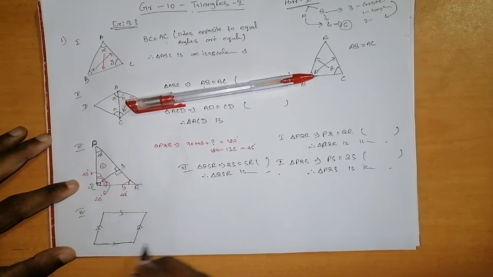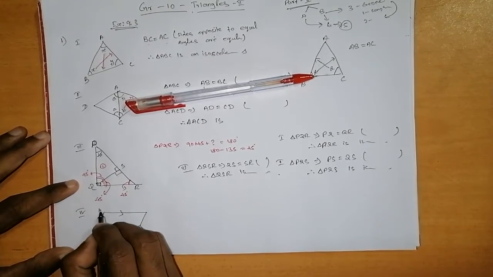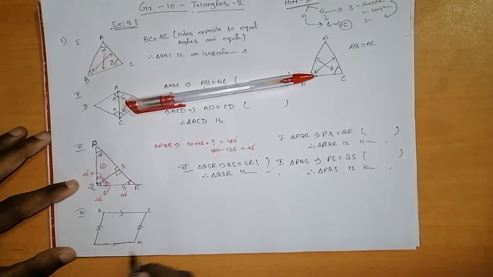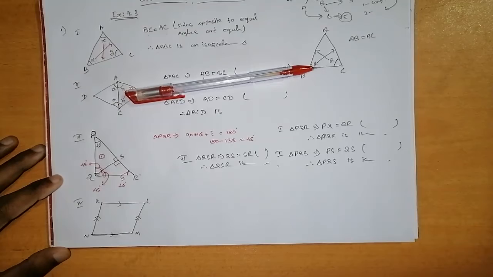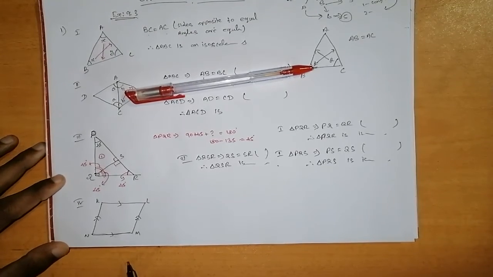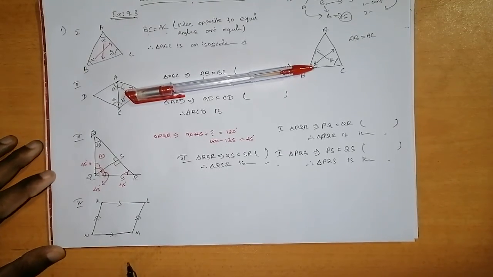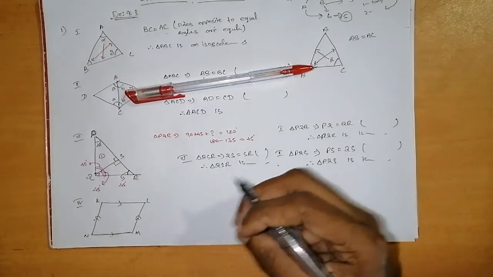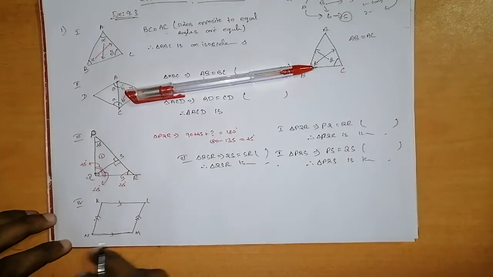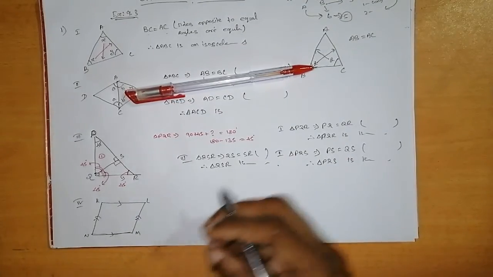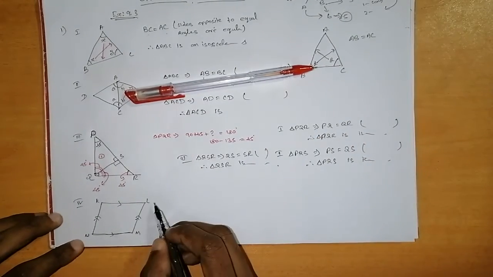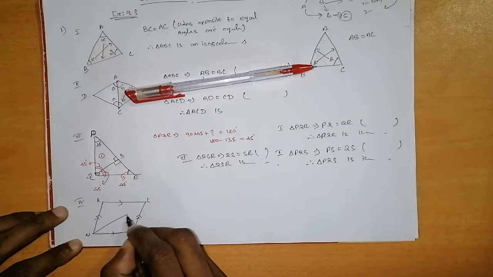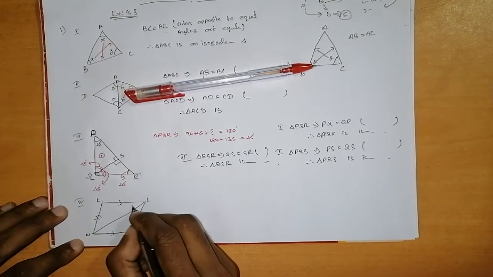The quadrilateral is named KLMN. The diagonal is connected. A diagonal means joining opposite vertices in a quadrilateral. So diagonal NL is connected.